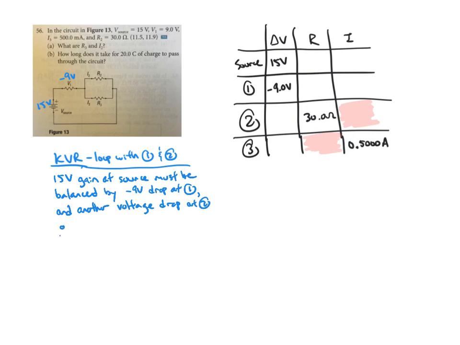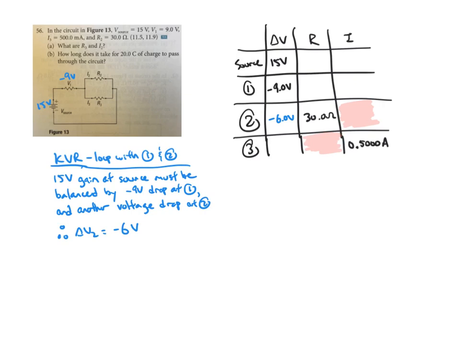So I can say therefore voltage 2. So negative 9 plus what else is going to make negative 15 to balance out the 15 from the source. So that would be negative 9 plus negative 6 volts. All right, so voltage 2 has to be negative 6 volts.